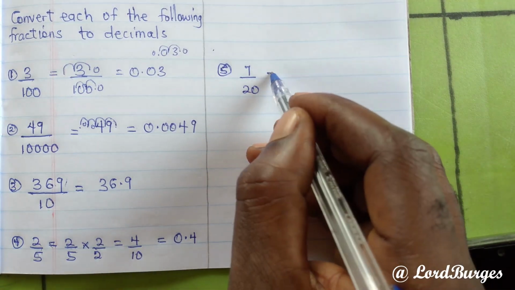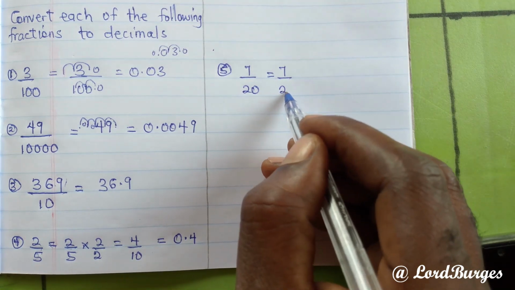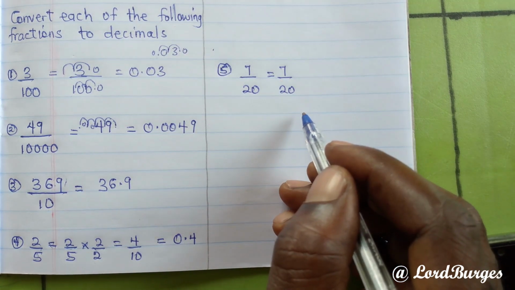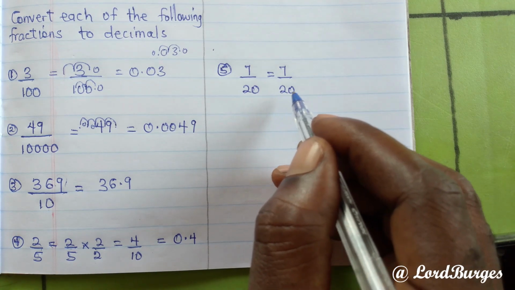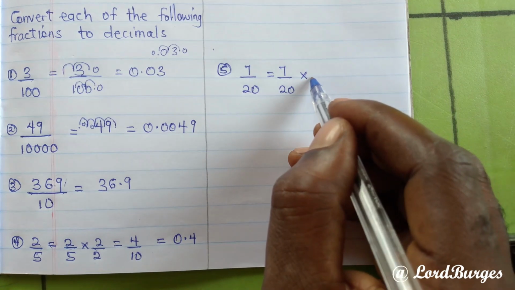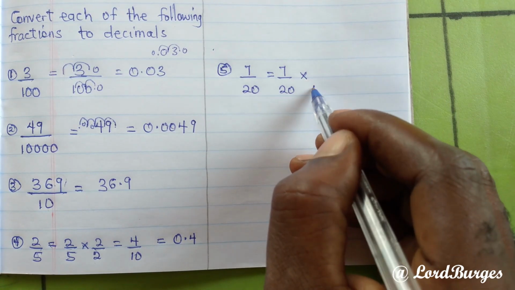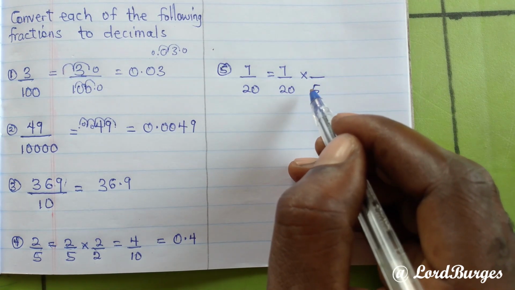Next, 7 over 20. Then I now try to change the 20 to a 1 and a 0. So I'll have to multiply the 20 by 5 to obtain 100.